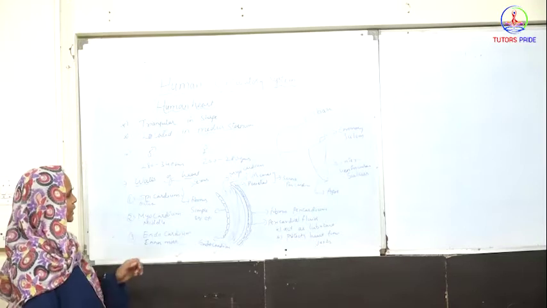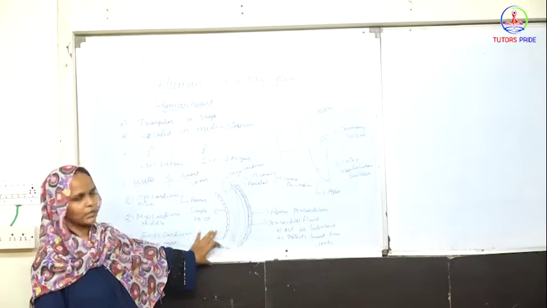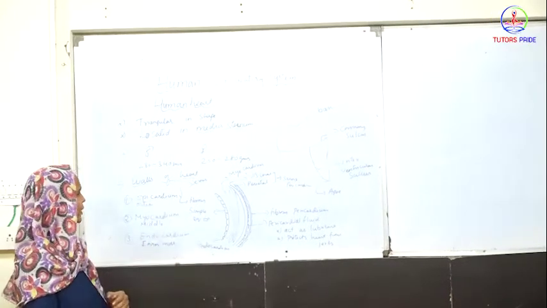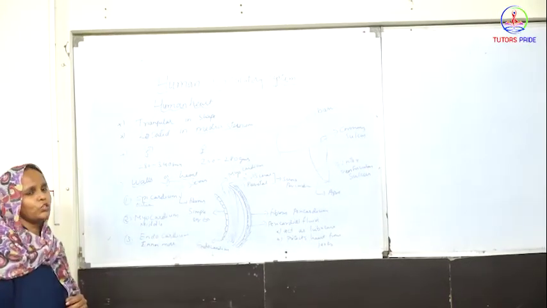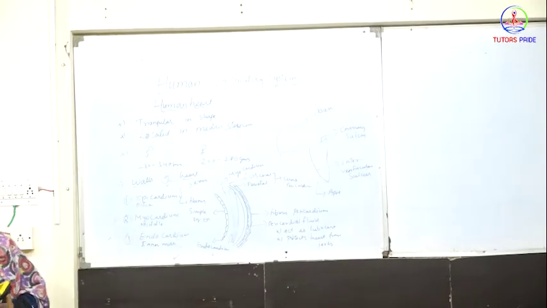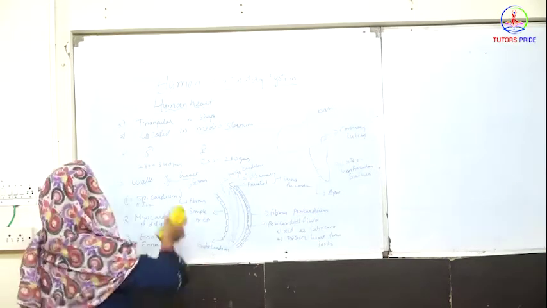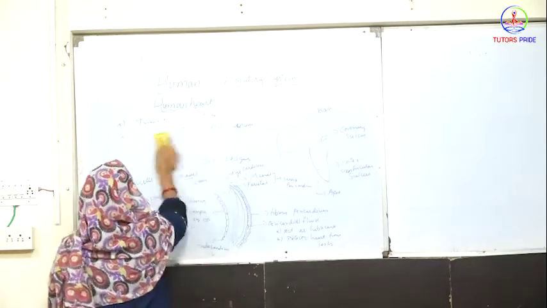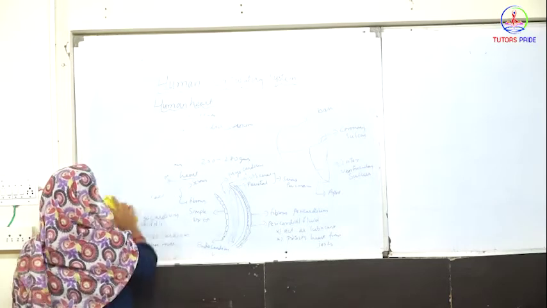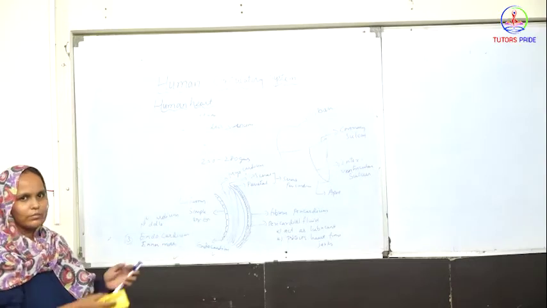Okay, so morphologically we have discussed the structure of the heart and the layers of the heart. Now we have to start with the internal structure of the heart. You can write on that board also.